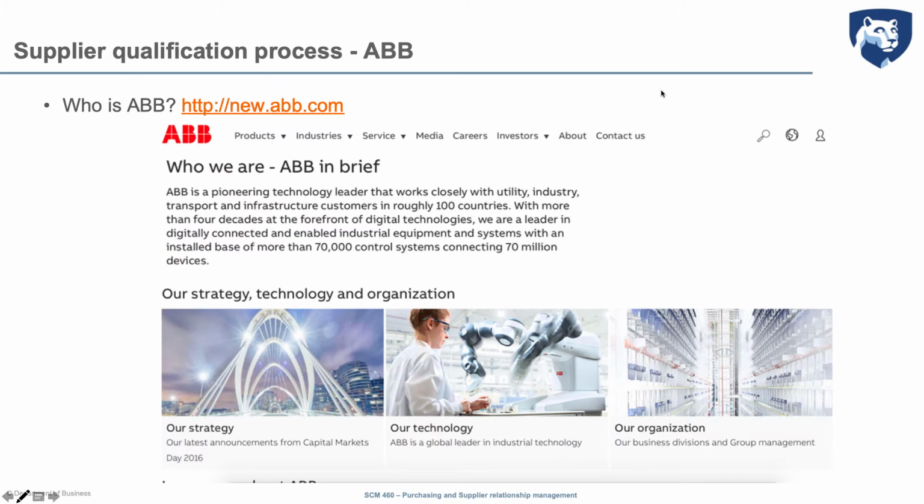Let's step on with the example. Again, of course, every company has its own type of process. I will just show you some examples and we'll analyze some characteristics. So, supplier qualification process. Let's take an example: ABB. ABB is a multinational company that relies on pioneering technology and works in different types of industry.